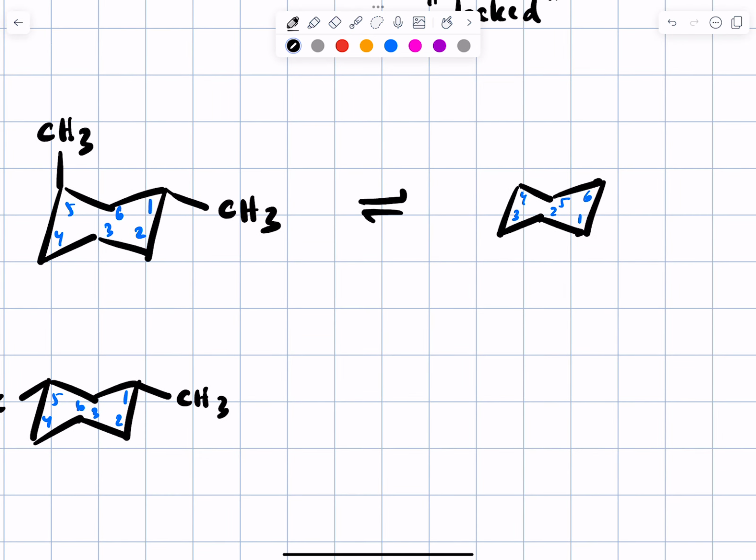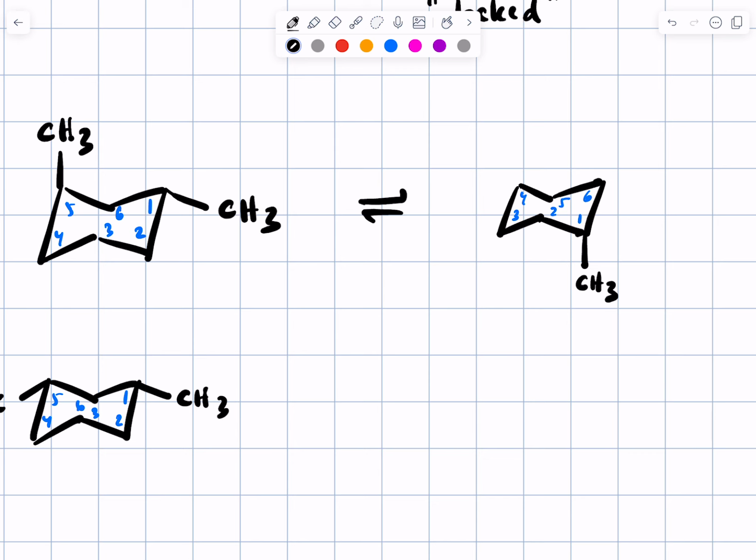So on carbon 1, the methyl group was down over here. It's got to still be down on the right, only now the down position on carbon 1 on the right is down axial. Do you see how the axial versus equatorial thing just sort of took care of itself by deciding where carbon 1 was going to be?